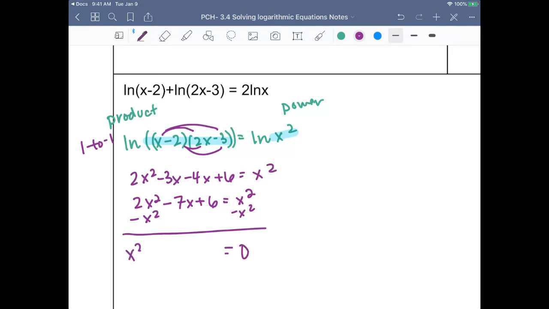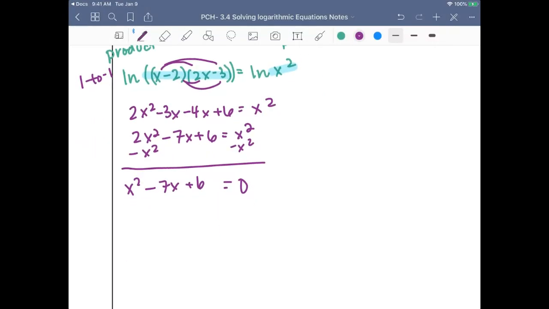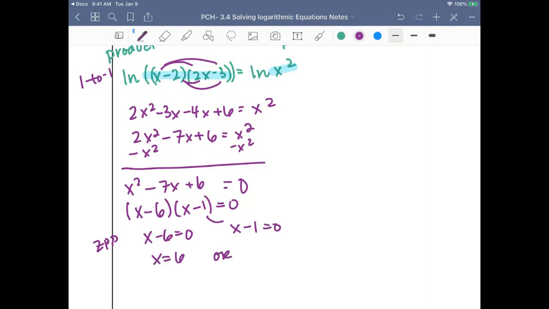So I get x squared minus 7x plus 6. We factor that, which gives us x minus 6 times x minus 1 is equal to 0. So using my zero product property, x minus 6 can equal 0, or x minus 1 can equal 0. So x can equal 6, or x can equal 1.